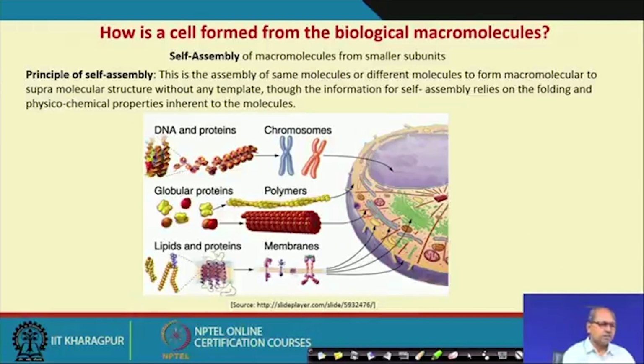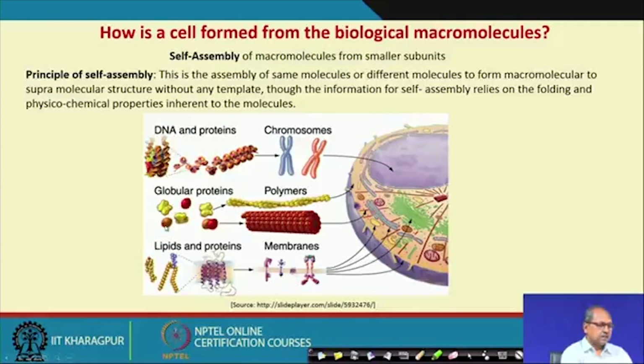Like in this example, nucleic acids bind with histone proteins, they make chromatin, which is in the chromosome that is present in the nucleus. Globular proteins like actins make actin filaments, which are cytoskeleton proteins.